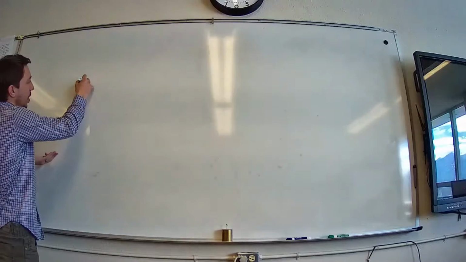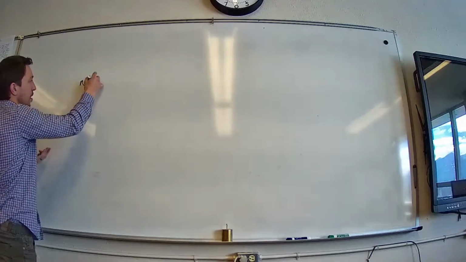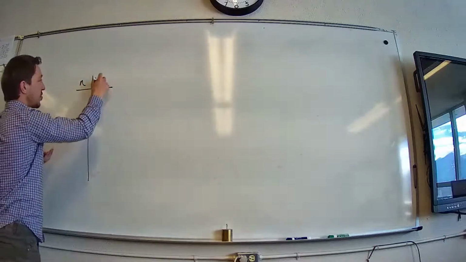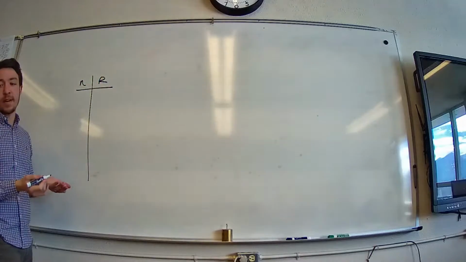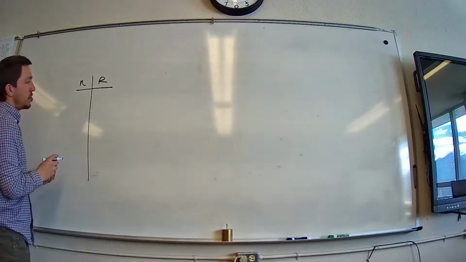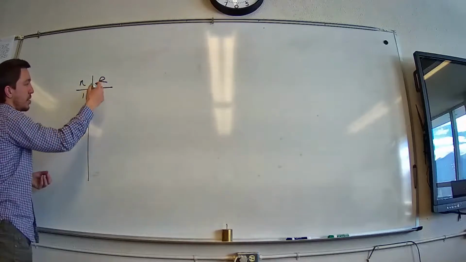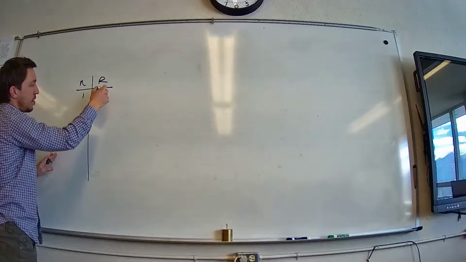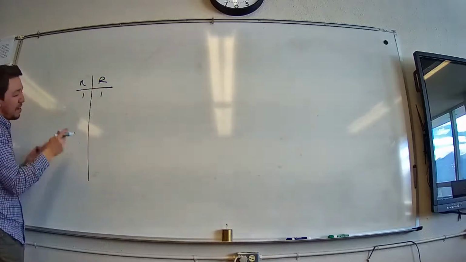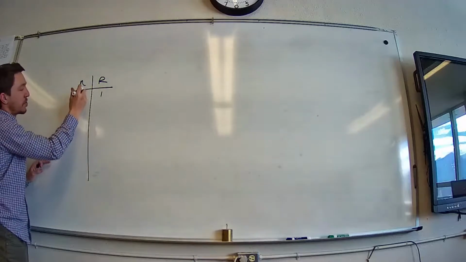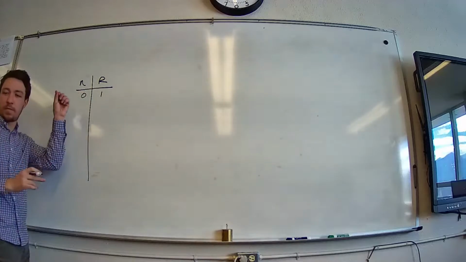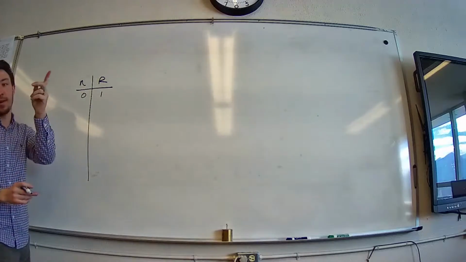Let's say this is the square number, and this is how much rice is on that square. On the first square, there's 1. To keep things simple, I'm going to call the first square square 0.